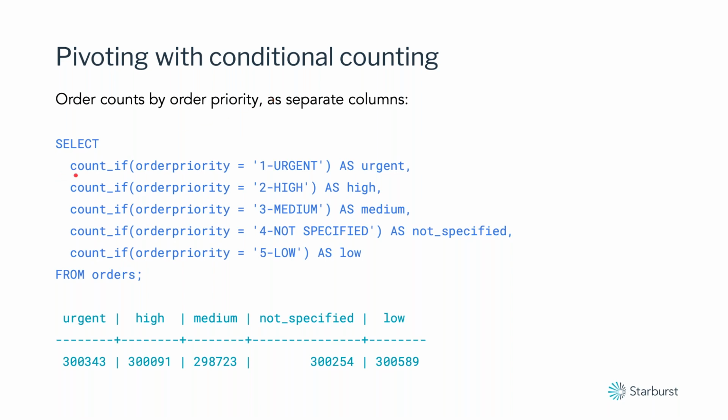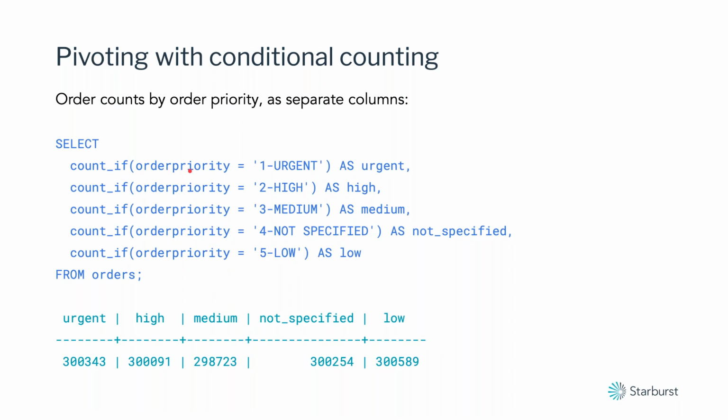So we've got a countif function in Presto, and a common thing that you'll want to do is take your values and pivot them so that you've got separate output columns for each group that you're aggregating over. So if we do a normal group by query, we group by order priority and then count the number of orders by order priority.